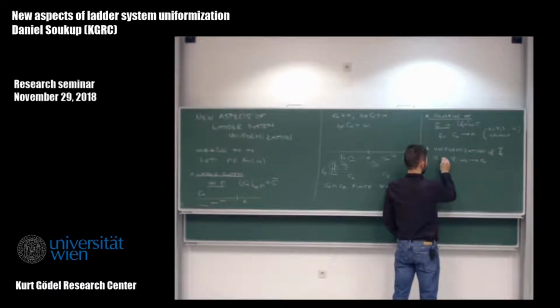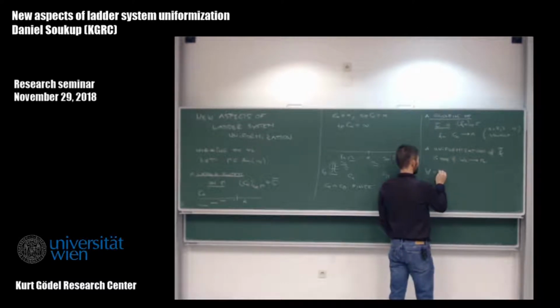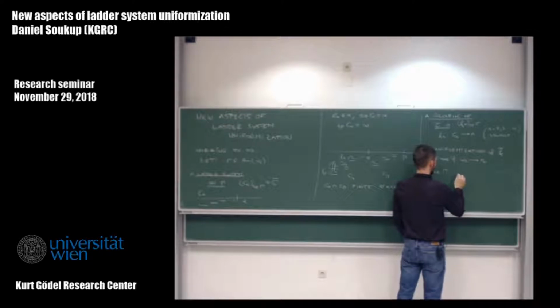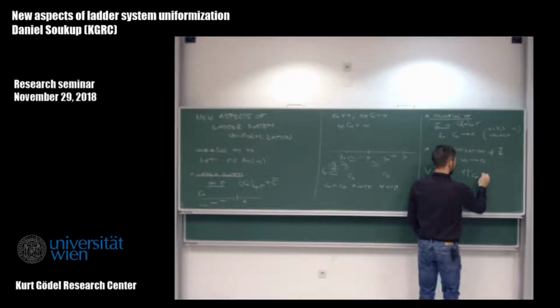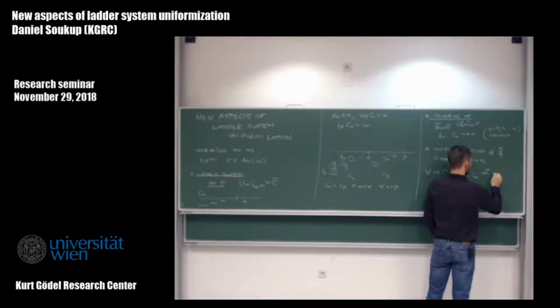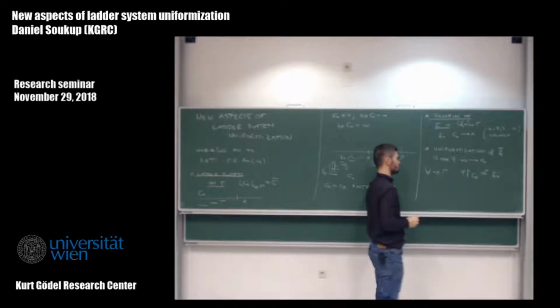It is some map phi such that for any alpha in gamma, phi restricted to C alpha almost equals F alpha.